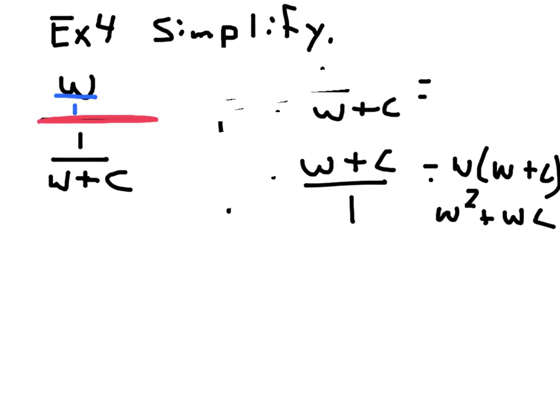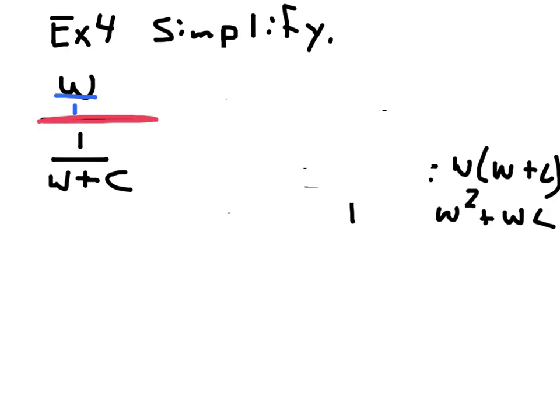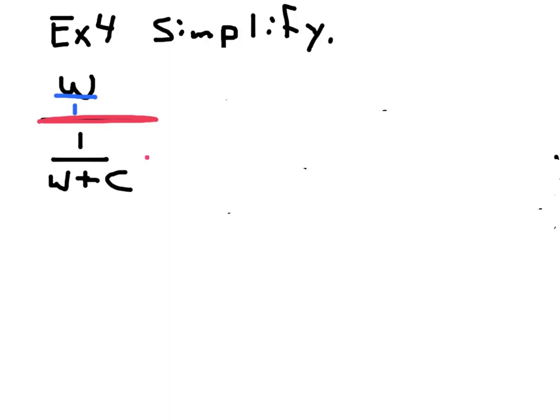Now if I use the second method, and to save a little writing here, I'm just going to erase what I have for the first method. So if I'm going to use the second method, I'm going to multiply the bottom and the top by the reciprocal of the bottom. So what's the reciprocal of 1 over w plus c? Well, I'm going to multiply the bottom times its reciprocal, so I flip them, but I also have to do that in the top, like so.